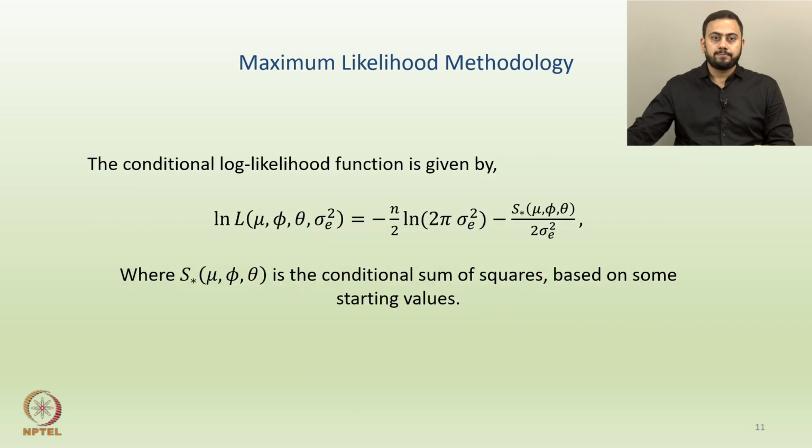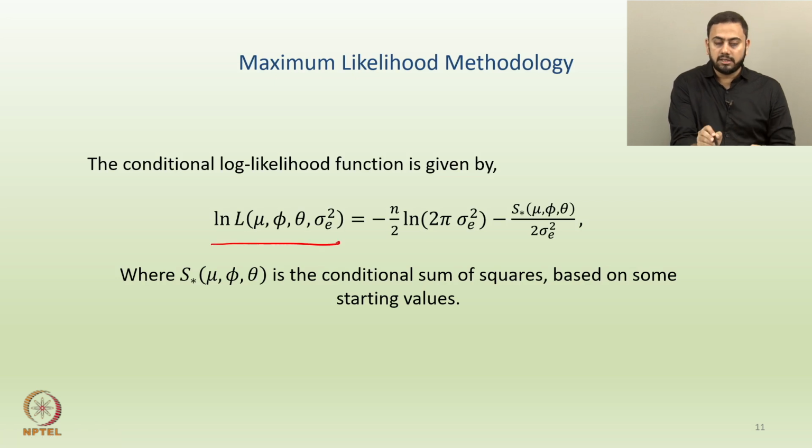So this is the idea, and now we write down the conditional log likelihood. Why conditional? We will talk about that, but as discussed in the last lecture, we get hold of a log likelihood function, and all these parameters need to be estimated: mu, phi, theta and sigma square e.